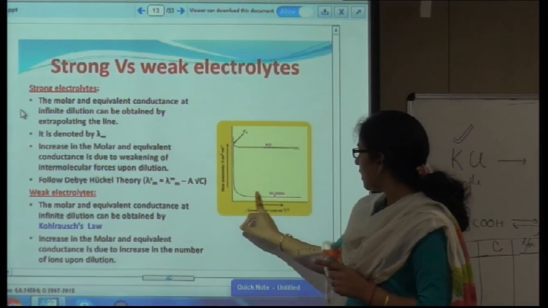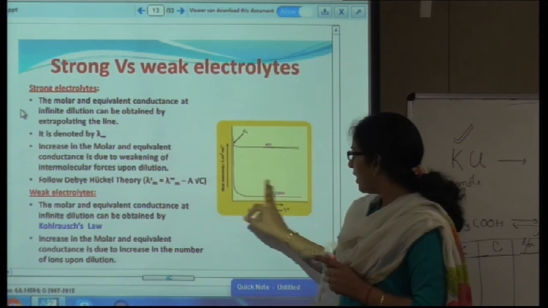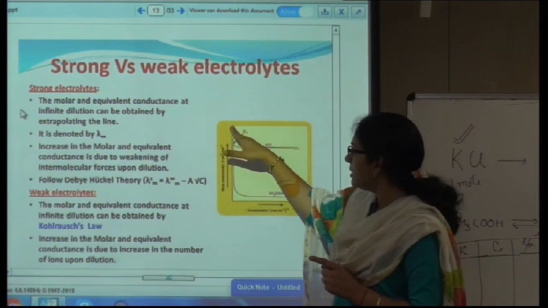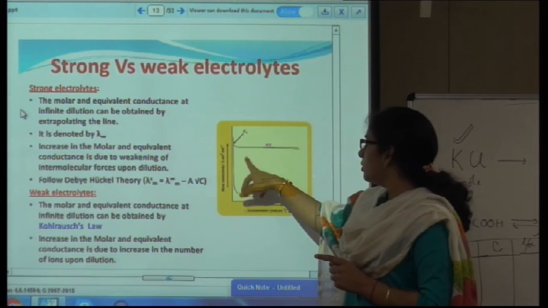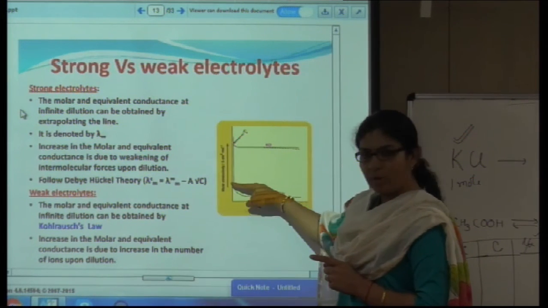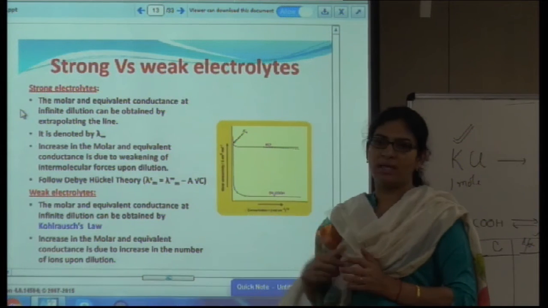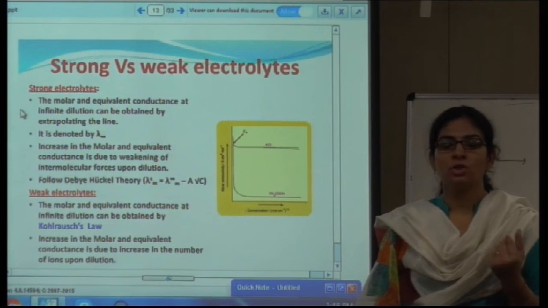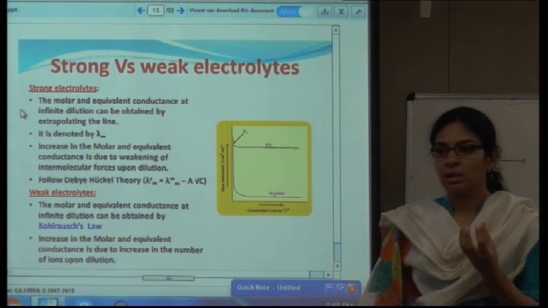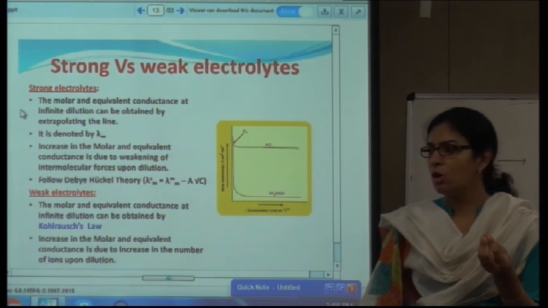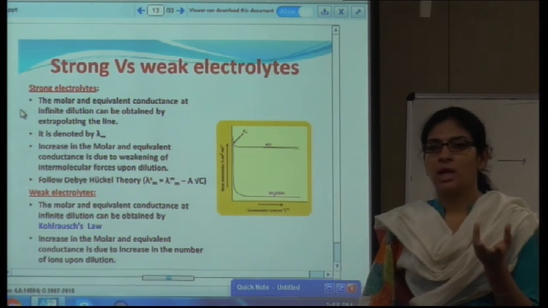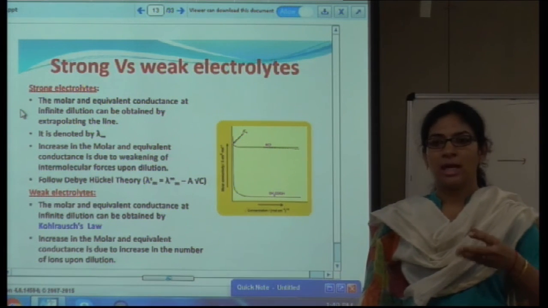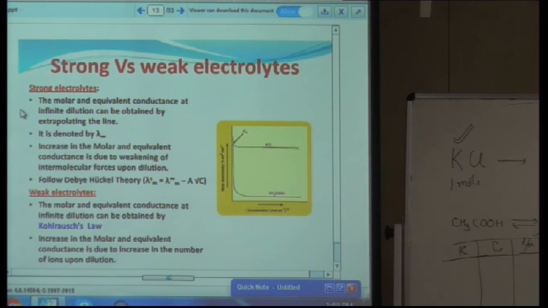So in case of weak electrolyte, the increase is there, but the increase initially is very less, and then suddenly there is a more sharp increase, and then you will never get a point wherein this curve will meet your y-axis. And the reason is also different. In case of weak electrolytes, the increase in molar or equivalent conductance is because of more degree of ionization or dissociation, because in dilute solution they are going to dissociate to a greater extent, right?